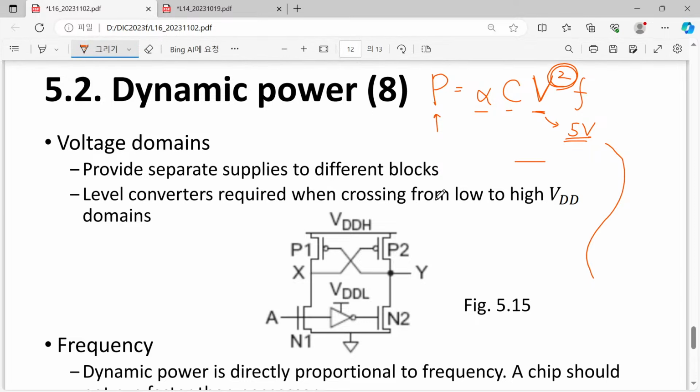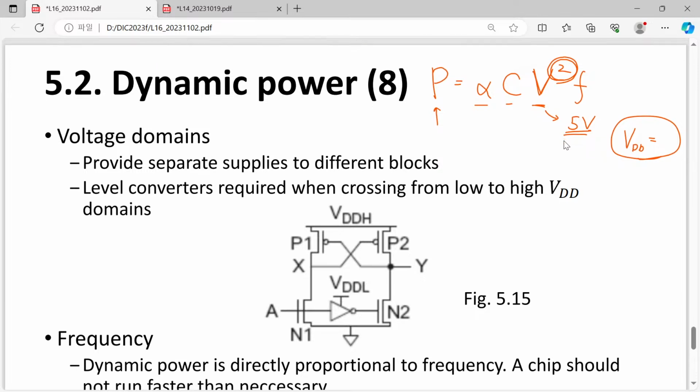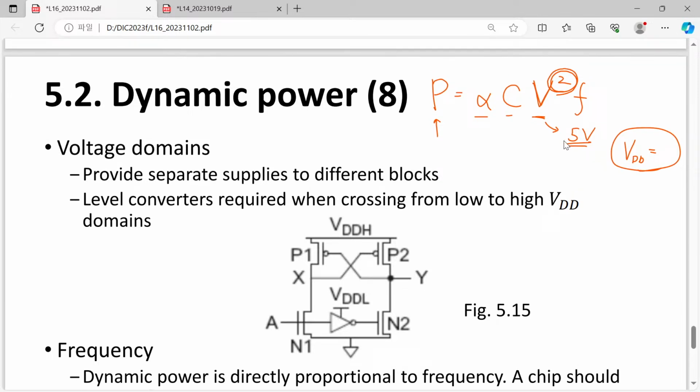Okay, so now let's say that our VDD is given and the voltage is still given, but we wanted to reduce certain power consumption. Then how can you do that? There can be many different ways, but in this slide we just introduce the use of voltage domains.